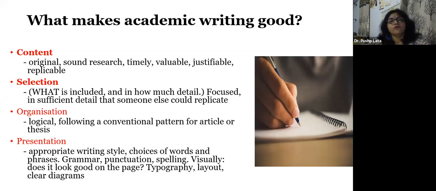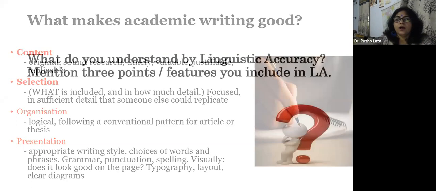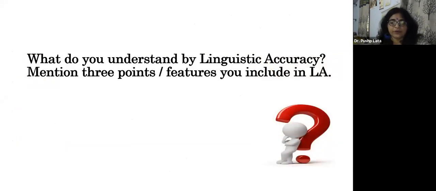So rightly, all of you said that it includes content, the selection of the material, the organization of the ideas, and finally the presentation. Now, as researchers, we have come to a point where we understand what good academic writing is, what elements are involved, and what its characteristic features are.